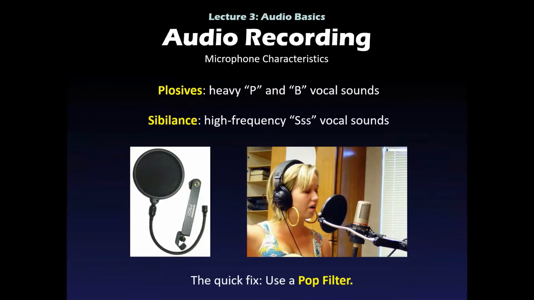On the other hand, there's sibilants too, and some people that speak into a mic have these high frequency S sounds that seem much louder than the other vowels and consonants that they're generating, and you may only hear this when you're recording into a microphone. A way to eliminate these two problems is with a pop filter, and this is that double pane again. Once again, there's a layer of material, there's some air in between, and another layer of material, basically high density cloth.